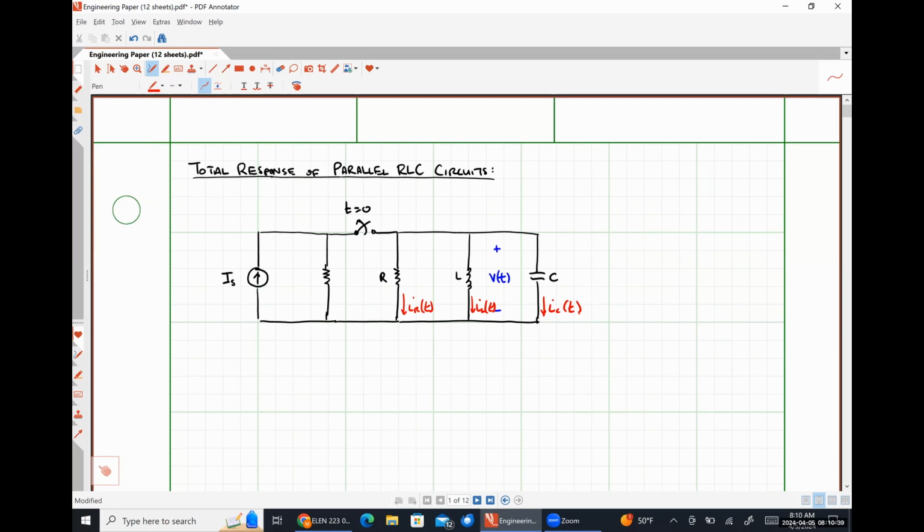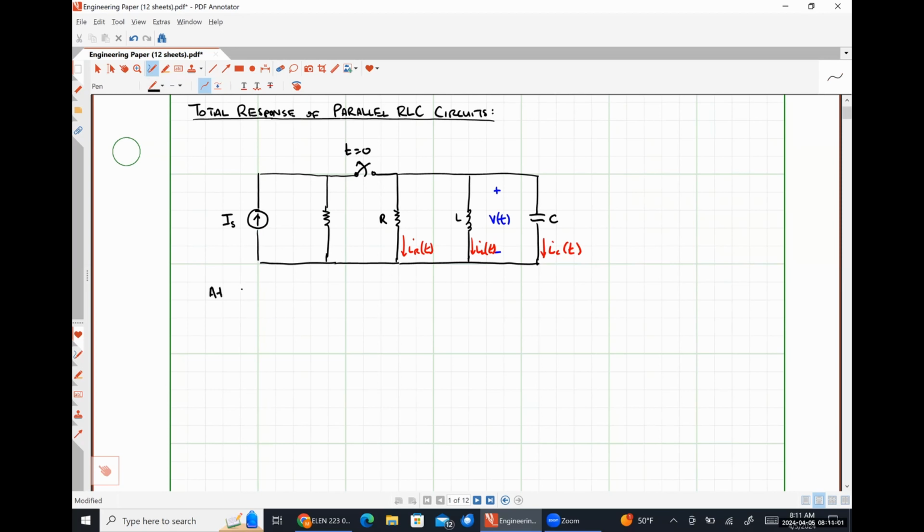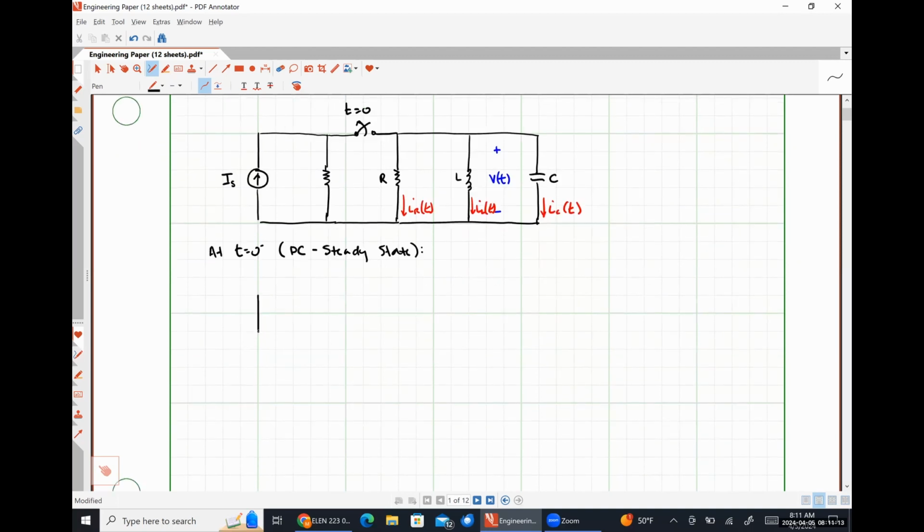Let's talk our way through things briefly. At t equal to 0 minus, our switch is closed. Much like with our RL and RC circuits, that represents the time of DC steady state. So at t equal to 0 minus, DC steady state, our circuit is going to look something like this.